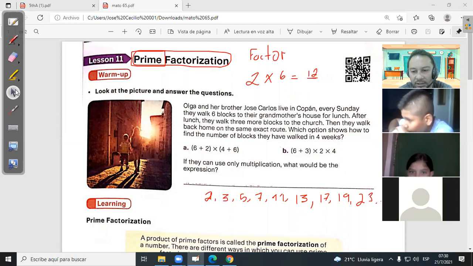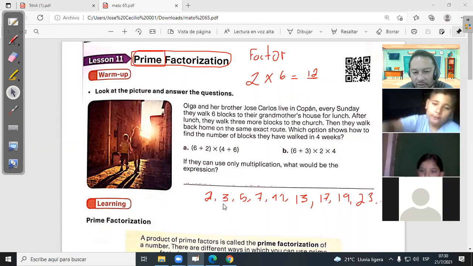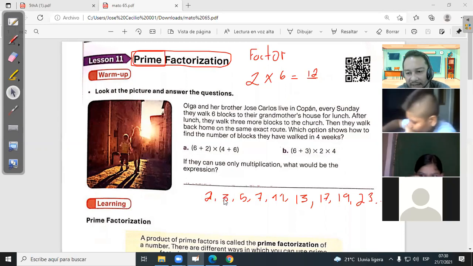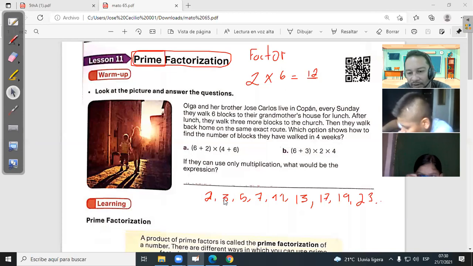For example, the number 3 doesn't have another number to multiply that would be a factor of 3, as opposed to 9.